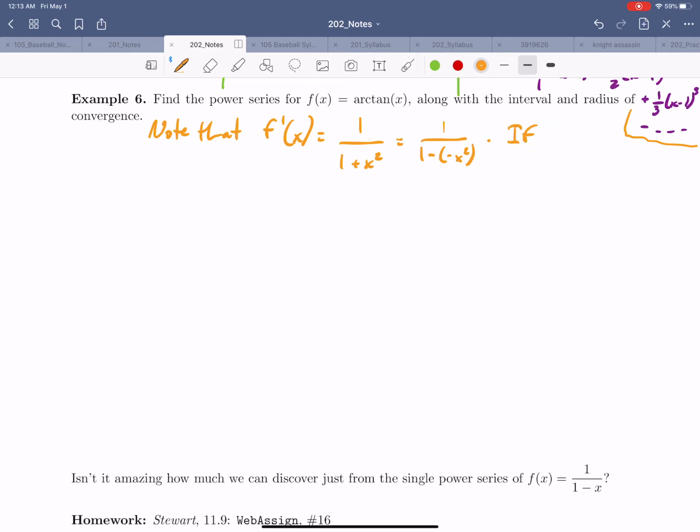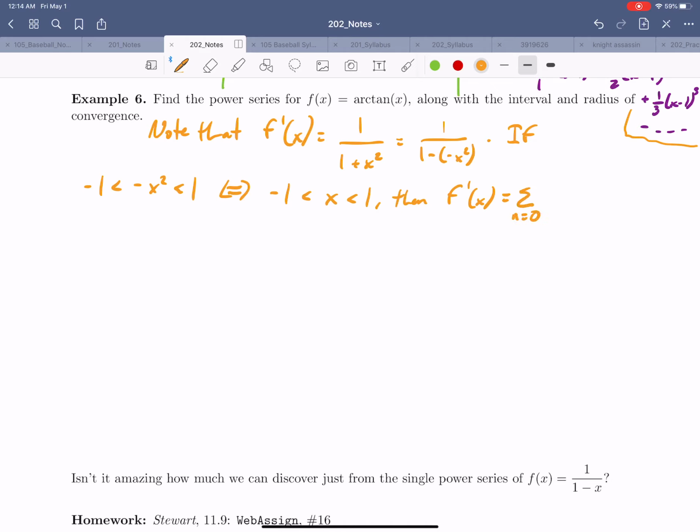So if negative 1 is less than negative x squared, which is less than 1, which is equivalent to saying if x is less than 1 and greater than negative 1, then f prime of x equals a geometric series, where a equals 1 and r equals negative x squared.